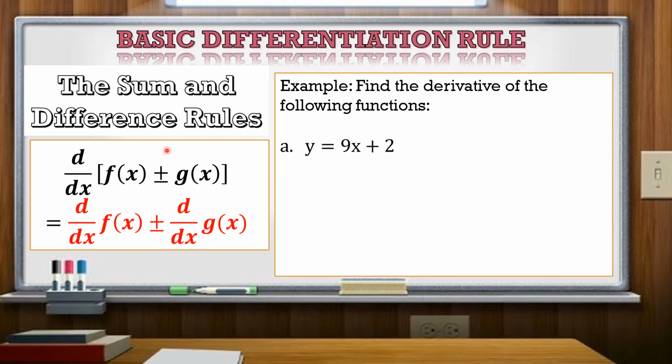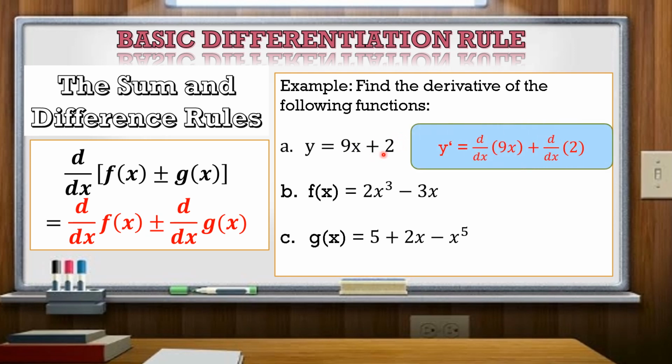For example, yung letter A, we have 9x plus 2. So, pwede tayong gumamit ng sum rule dito. Paghihiwalay natin yung 9x at saka si 2. That is, y prime is equal to d over dx of 9x. Ibig sabihin, kukunin muna natin yung derivative ng 9x and then i-add sa derivative ng 2.